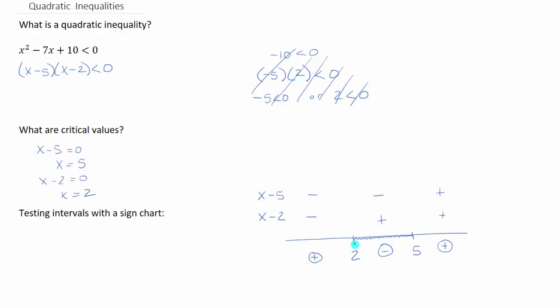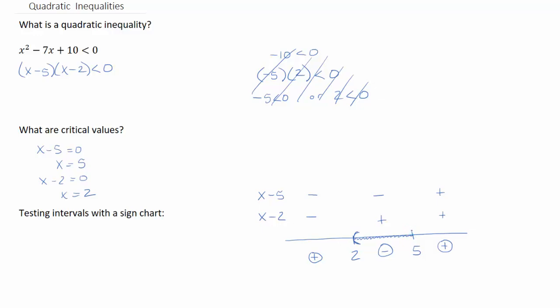And would we include 2 or 5? Well, let's think about that. If we use 2, and I put that, say, right here, 2 minus 2 is 0, and 0 times this negative 3 that you would get by putting 2 there is going to be 0. Is 0 less than 0? No. So we're going to have to put a parenthesis.